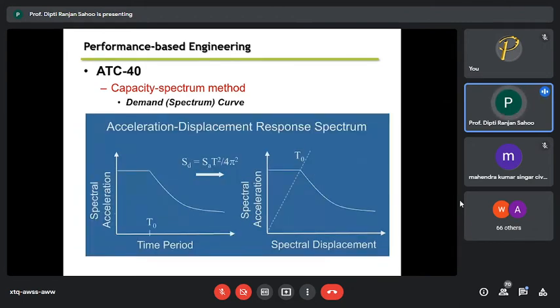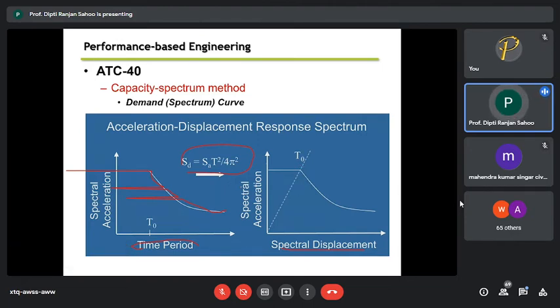The same thing you do for the demand spectrum curve is easy. Remember I've shown you that this is the hazard curve given in your code. The only thing is Sa by g versus time, and I know there is a relation between time, SD and Sa. So I can replace time by spectral displacement and draw this, where this line represents my initial time period.